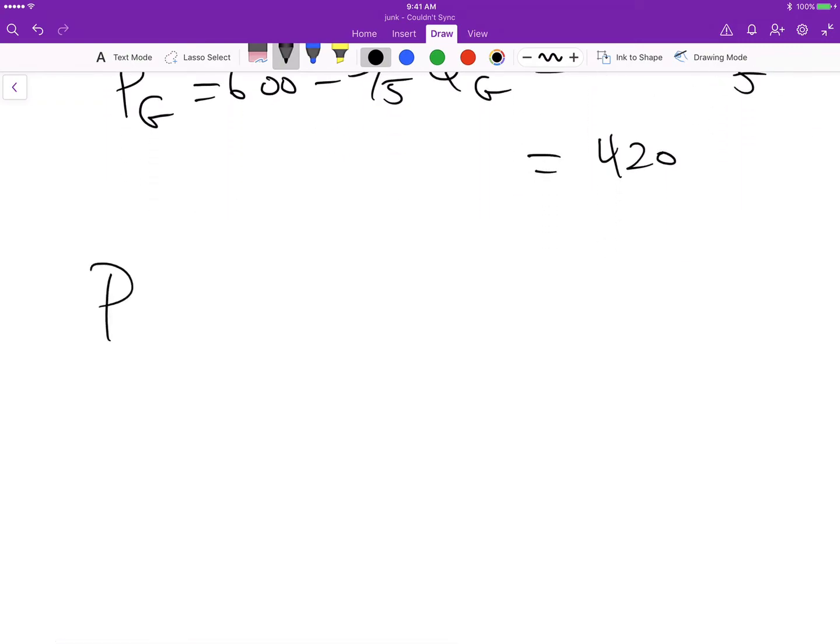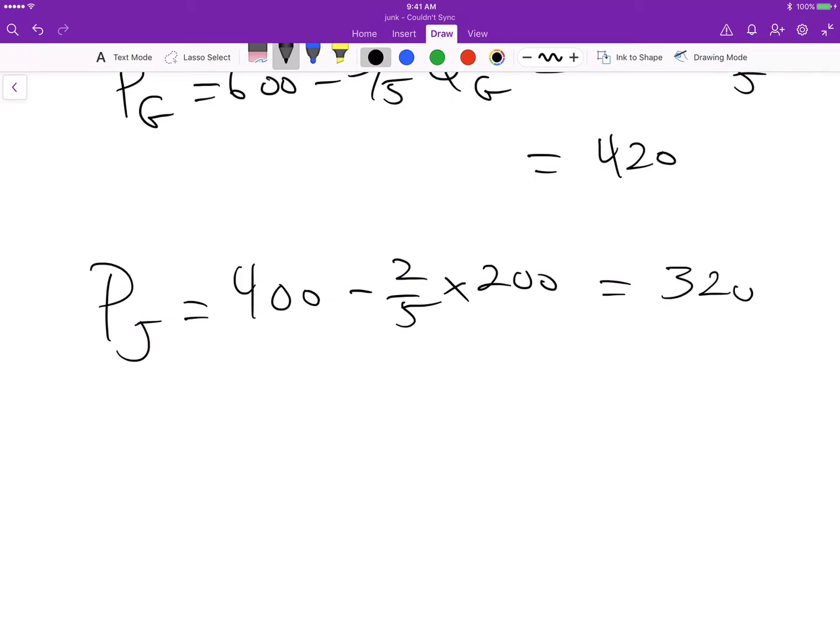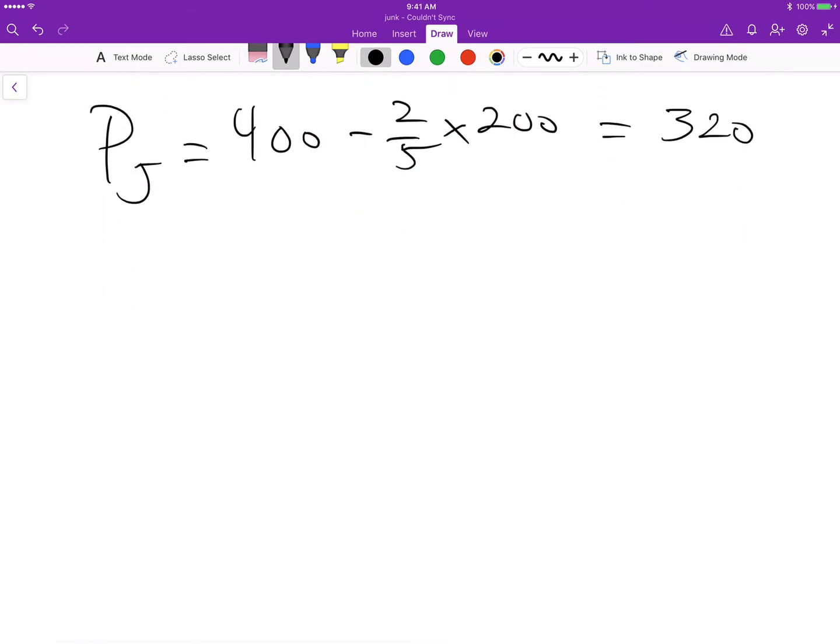And PJ will then equal 400 minus 2/5 times 200, which is our quantity for QJ. That equals 320. So total profits and revenue are the same thing here. Profits are going to be PG times QG plus PJ times QJ.